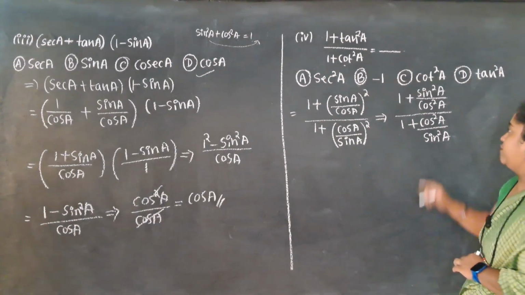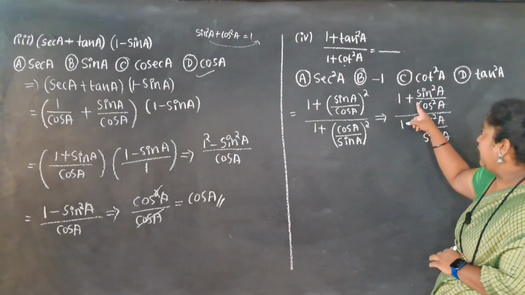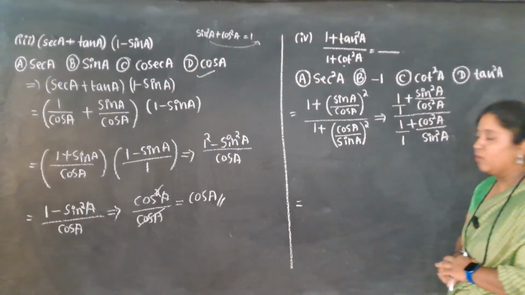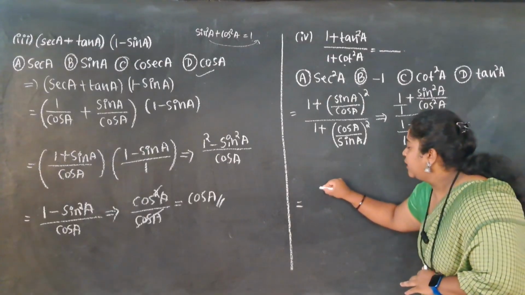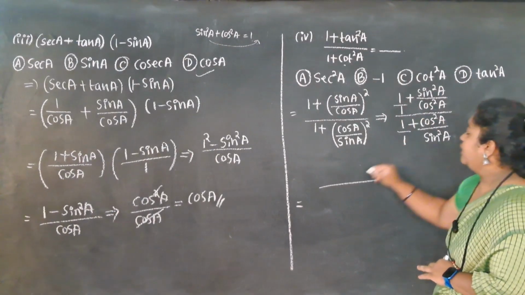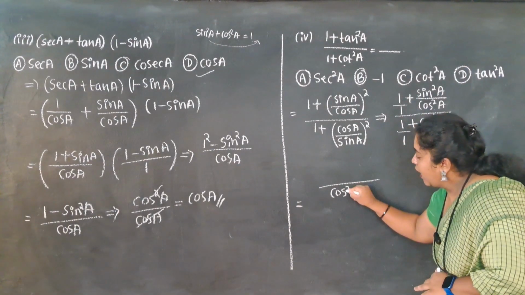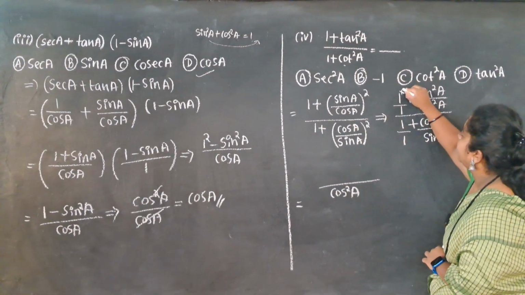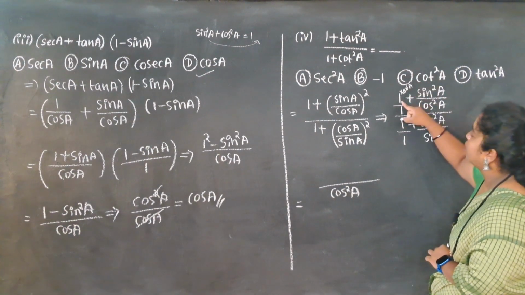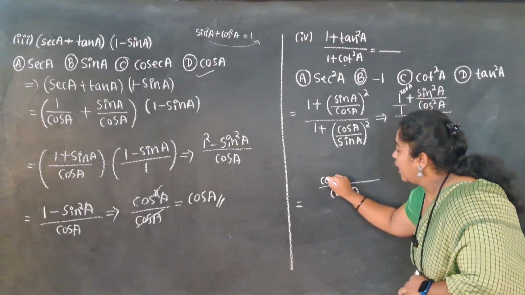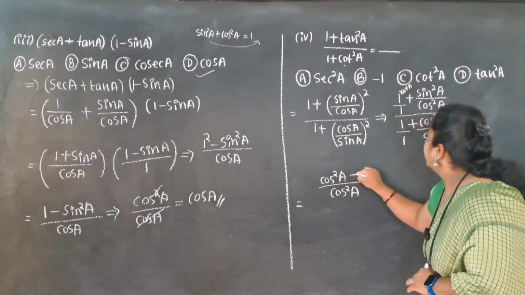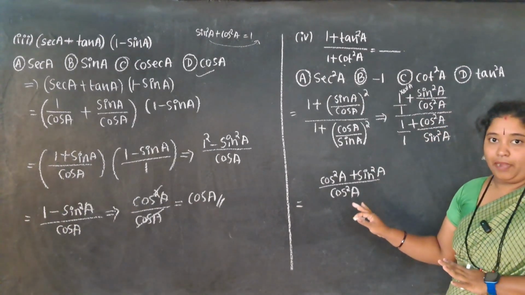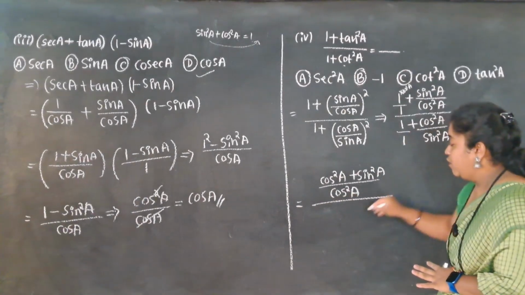Now we'll simplify by taking the LCM. If I take LCM in the numerator and in the denominator, what am I going to get? Numerator part LCM will be cos square A. 1 into cos square A will give me cos square A plus sine square A. This is the numerator part. Don't forget to simplify the denominator.